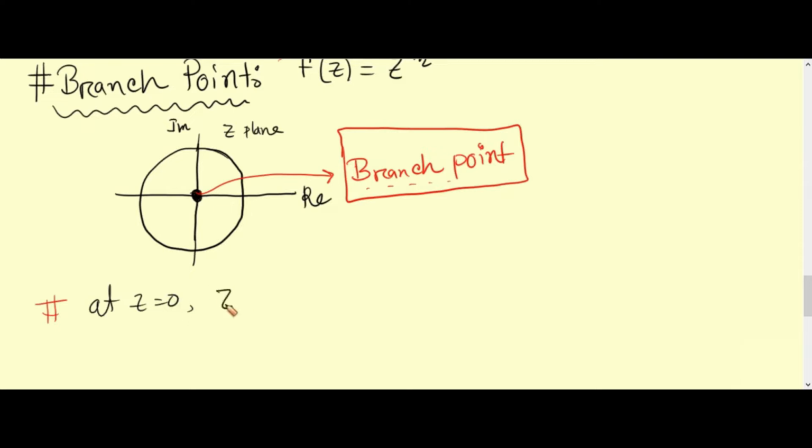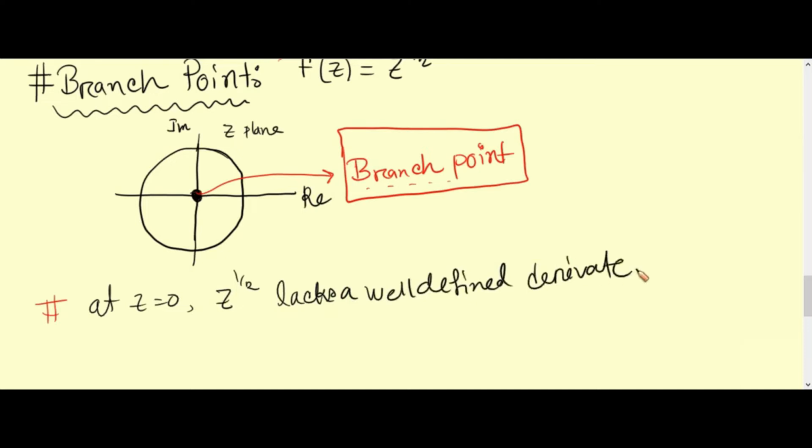So at z equals 0, square root of z lacks a well-defined derivative, and this is the reason that causes the analyticity to be lost. This lack of a well-defined derivative means that there is an ambiguity in the value of the function itself, that we saw earlier in our lectures, that it's presenting us sometimes with a minus value and sometimes with a plus value.